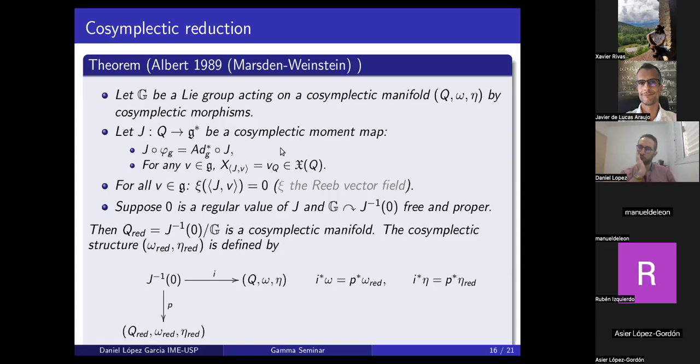The action on the level set does not need to be free and proper. It's normally said that it's quotientable. Indeed, I don't know if Albert did it in this way. Okay, he didn't say that it is free and proper. He has said that we want the quotient space to be a manifold, a submersion, and we say that this is quotientable, and that's the end of this story.